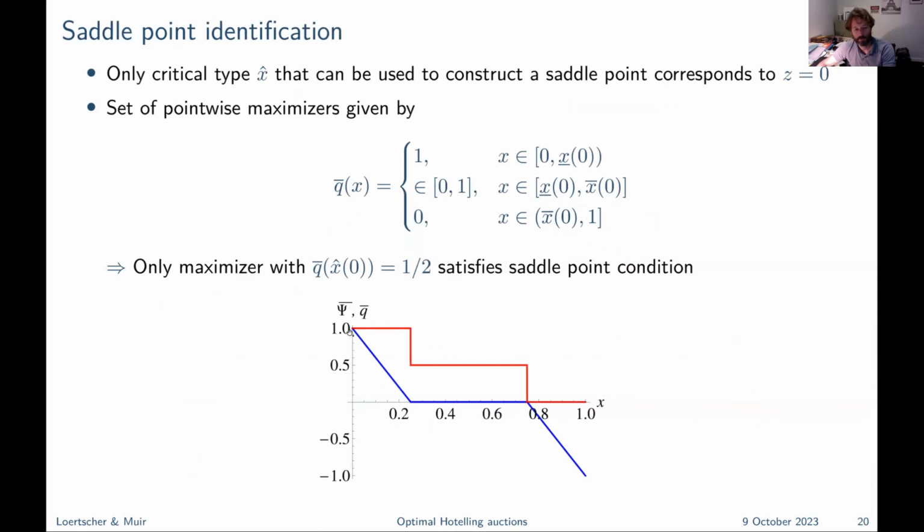And so what we plotted here is... we're going to use the critical type to identify the corresponding ironing parameter, and given the ironing parameter, there's a set of maximizers of the objective function.